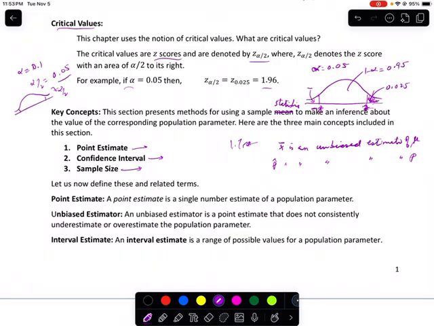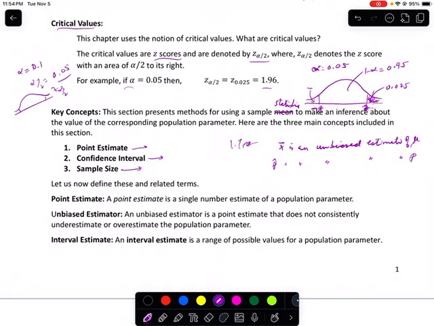So why do we need confidence intervals? Again, the reason is that the point estimator, which is a single number estimator, cannot tell us how well it estimates the population parameter.